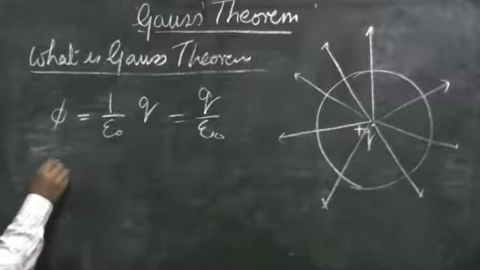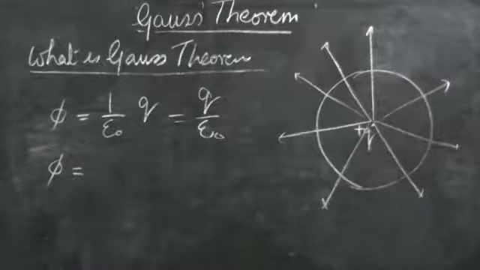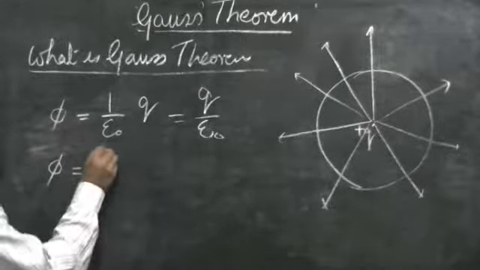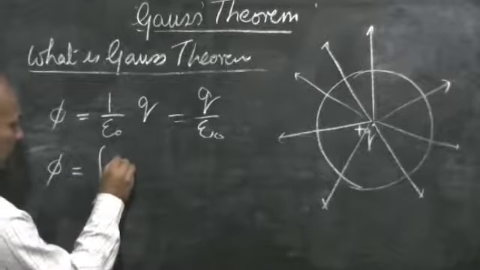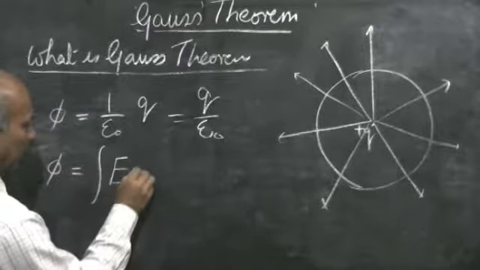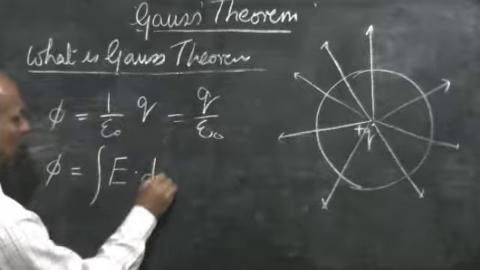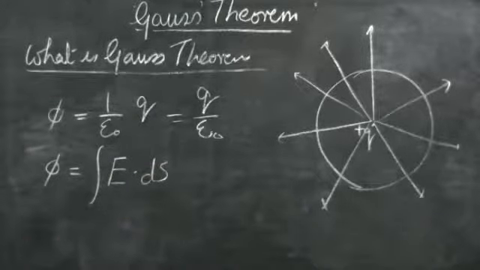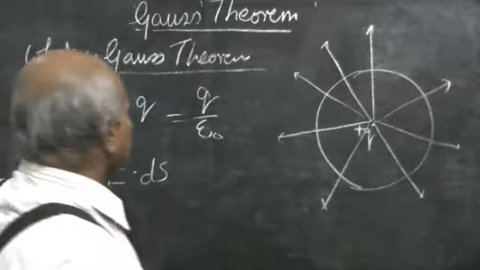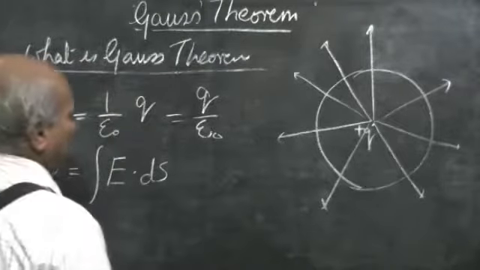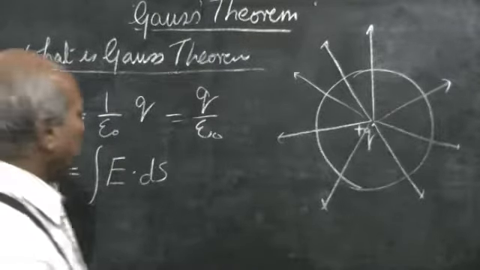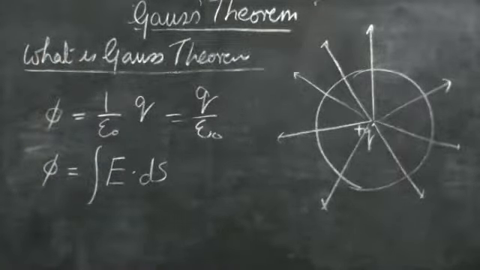But flux is equal to E dot ds, electric field dot ds. ds means a small area. Understand?